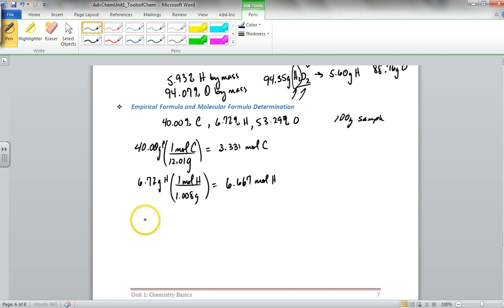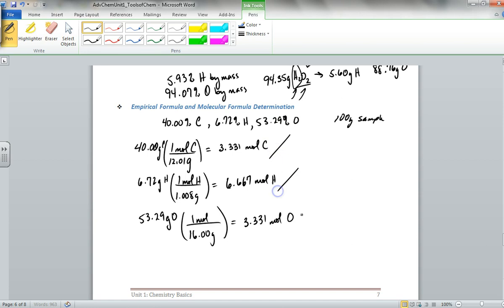Then we can find the number of moles of hydrogen, and for oxygen, the molar mass of oxygen is 16 grams per 1 mole. And the numbers, while they still don't look great, when you look at them in terms of the relationship with each other, you see a pattern. The moles of carbon and oxygen happen to be the same, and hydrogen looks to be about double.